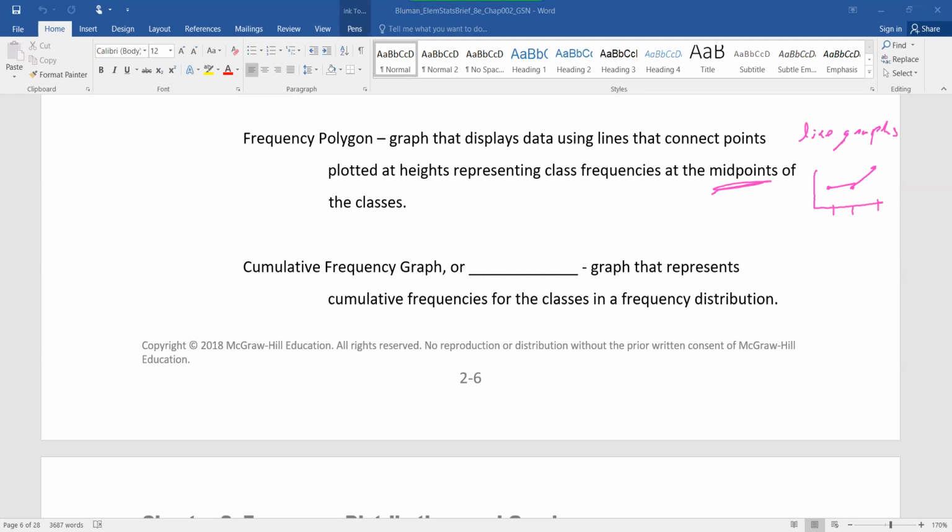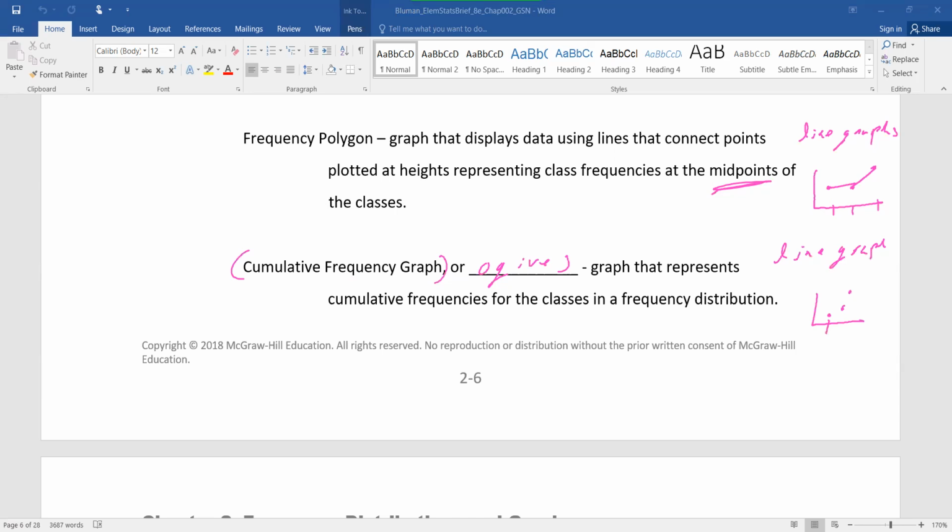A cumulative frequency graph. This was the old name. The new name is now Ogives. This one is also a line graph, but it does the cumulative frequency. So you should get graphs that look like this.